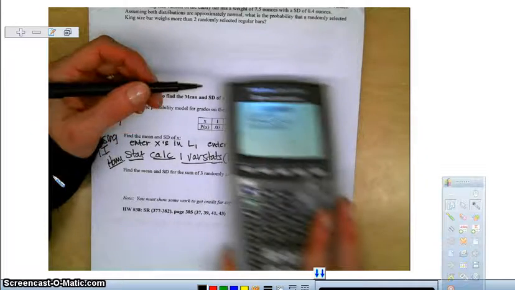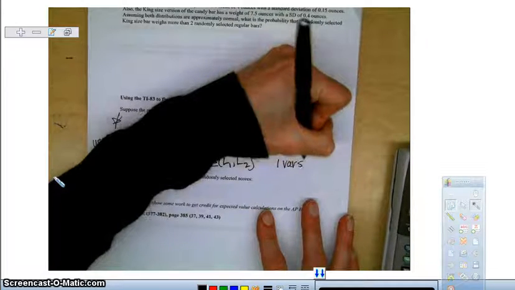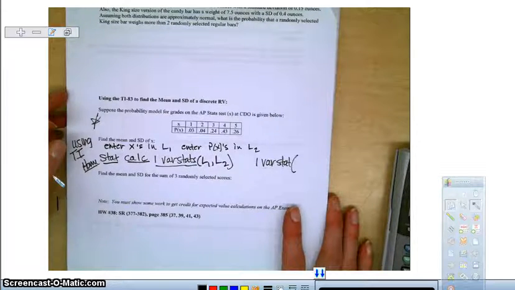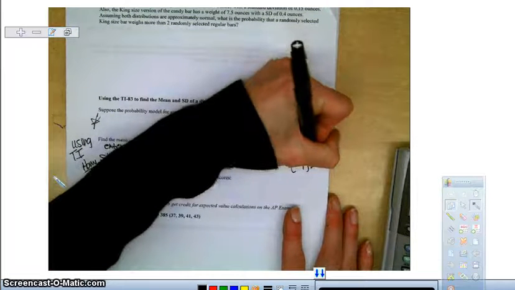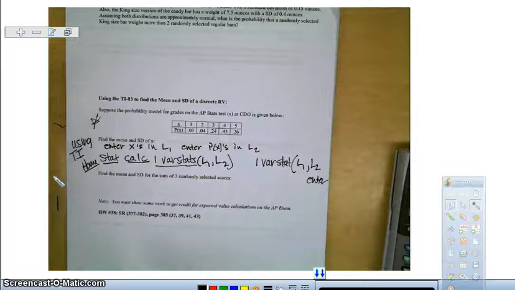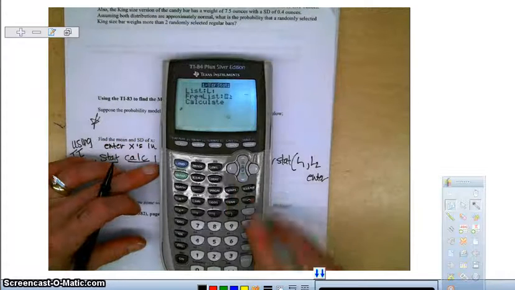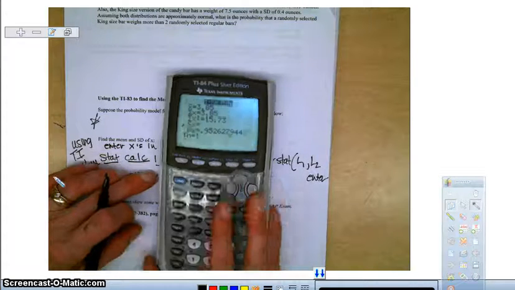If your calculator shows the command one variable stats and then gives you parentheses, you type in list 1 comma list 2 and hit enter. That's all you do. You're giving it the same commands, it just doesn't prompt you for them like some of the other ones do.